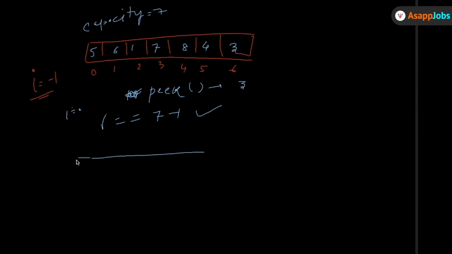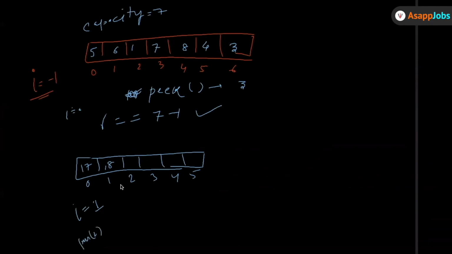So basically, the index is holding the current position, right? Suppose this is a new array which I'm using for showing the stack. At this stage, the value of the index is equal to 1, right? So next time when I have to push, say I have to push 2, right? So basically, I have to add data here, right? So for that, I have to first increment I. So I have to first make I equals to 2.